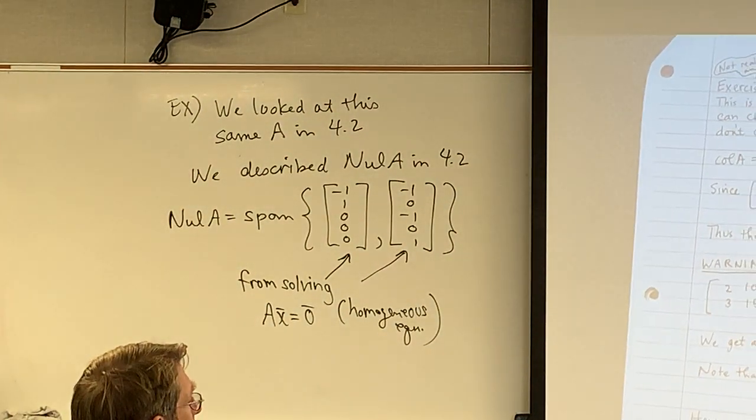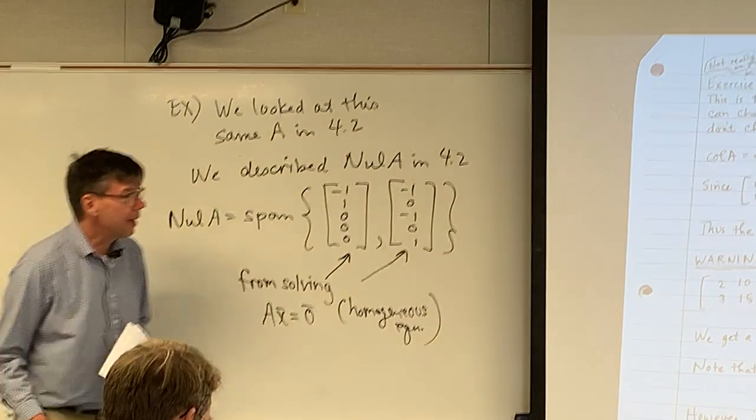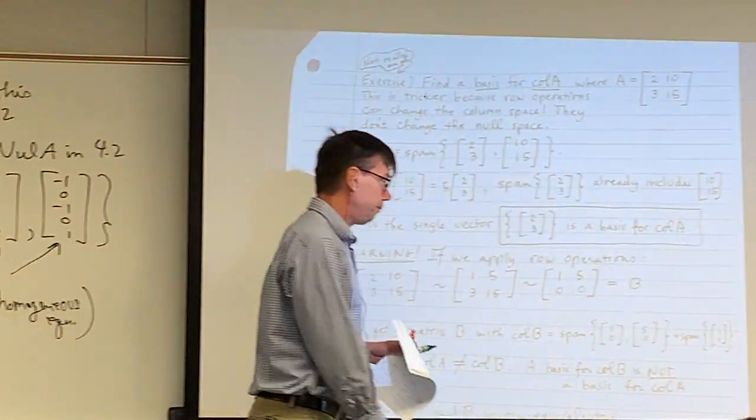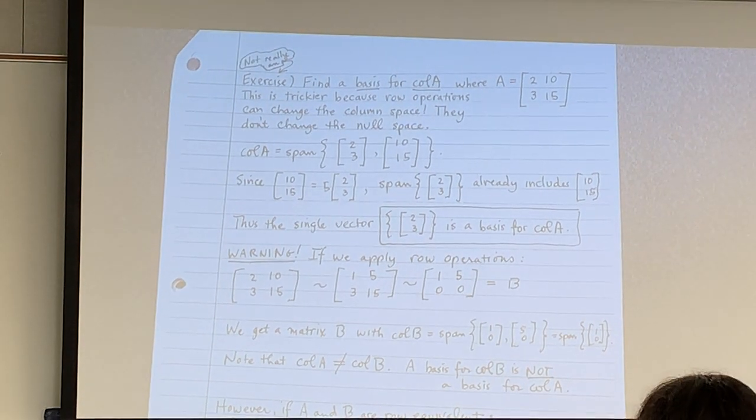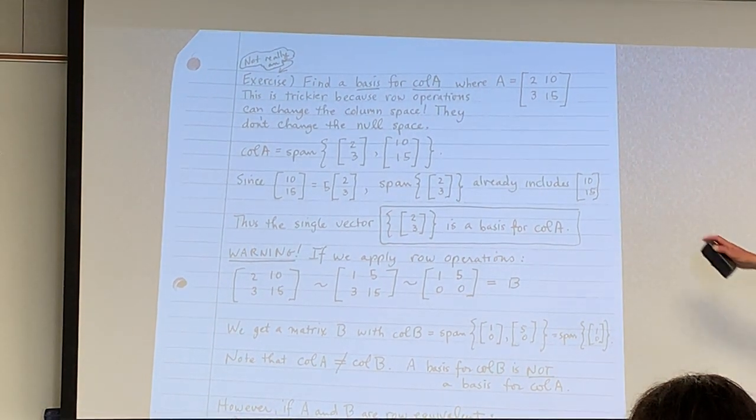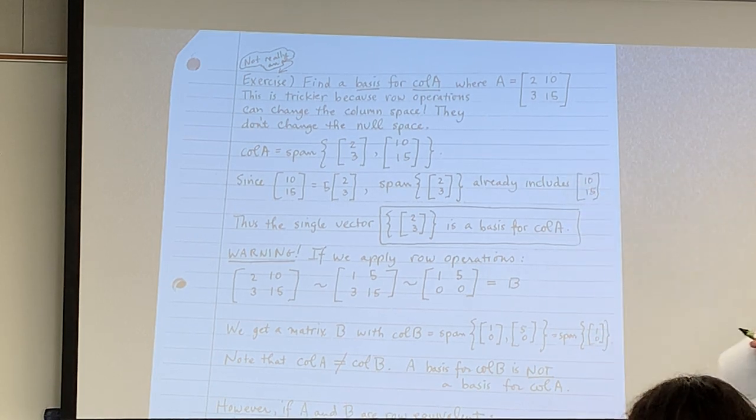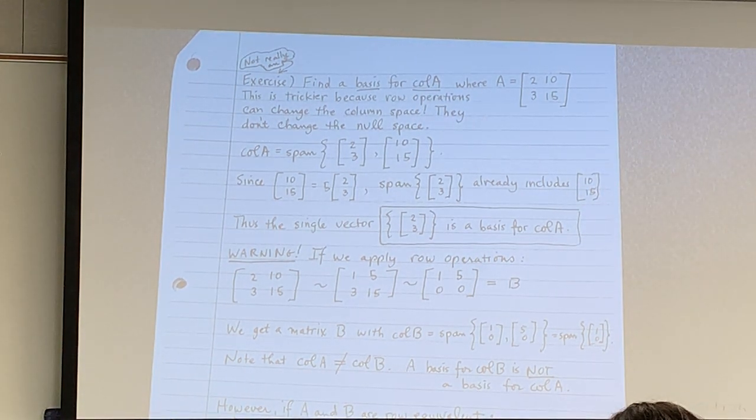Now, find a basis for column space of A. This is a different matrix, all right? In this case, A is just this 2 by 2 matrix, 2, 10, 3, 15.